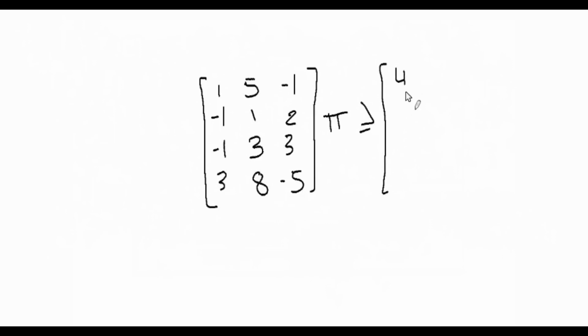So it's 4, 1, 5, 3. This is just exactly equivalent to what we saw on the previous screen. The only difference is that I transposed both sides, and instead of writing down pi 1, pi 2, pi 3, I wrote down pi as a pi vector. So on this screen, this represents a column vector of pi 1, pi 2, pi 3.